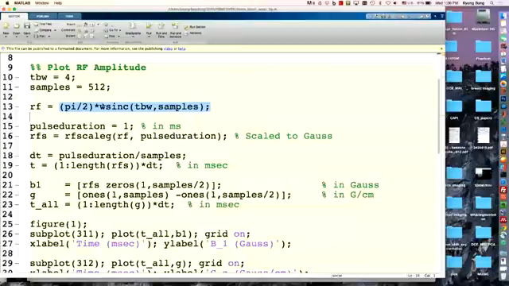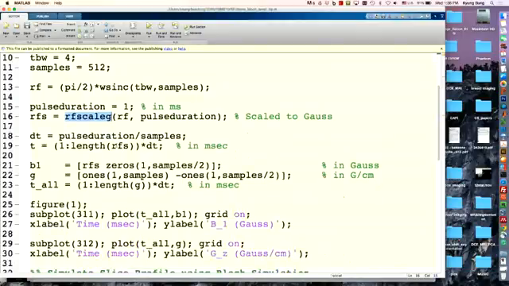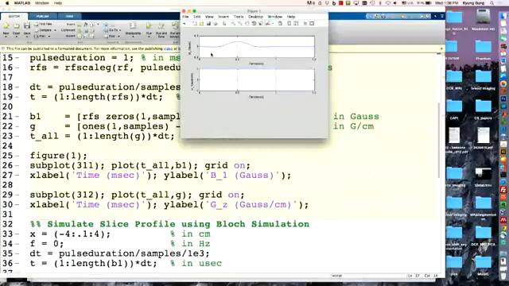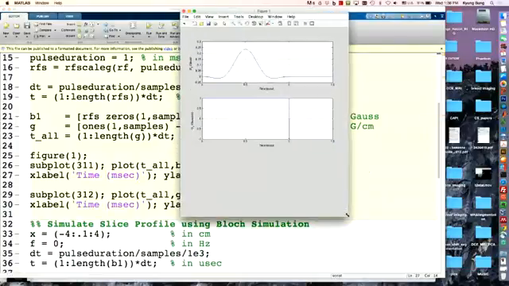This is basically the integration of B1, which is equal to pi over 2, and then the pulse duration is 1, and then just making gamma over 2 pi, the constant value to make the right unit of it. And then this is creating all this B1 and the gradient field and the time information, and that's it. So this will show what your RF pulse shape is.